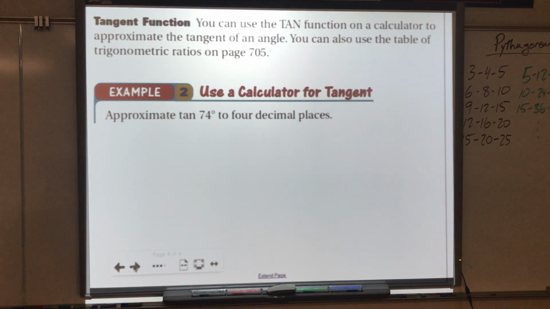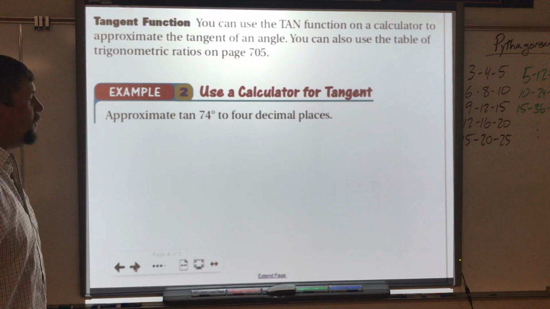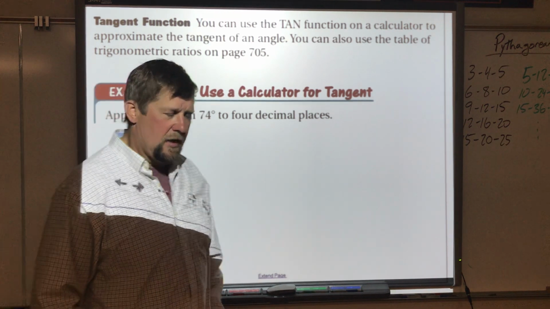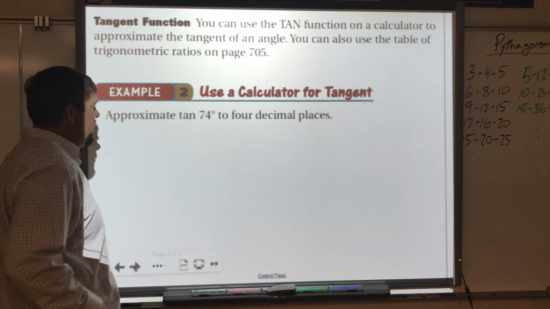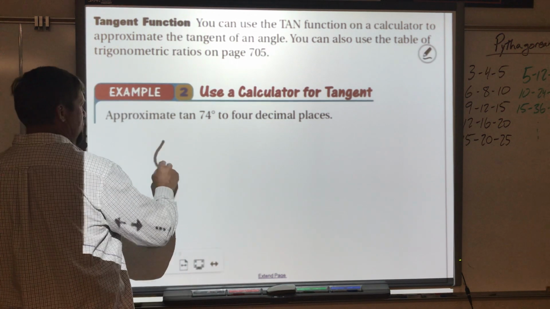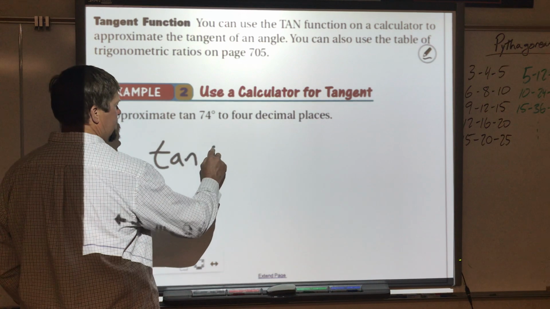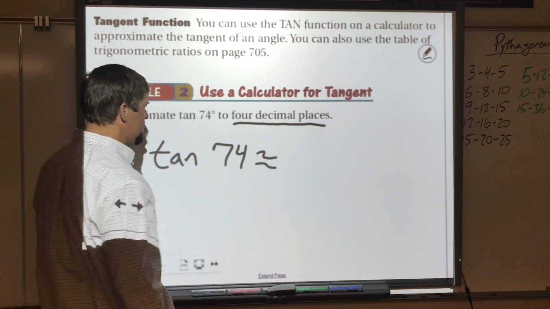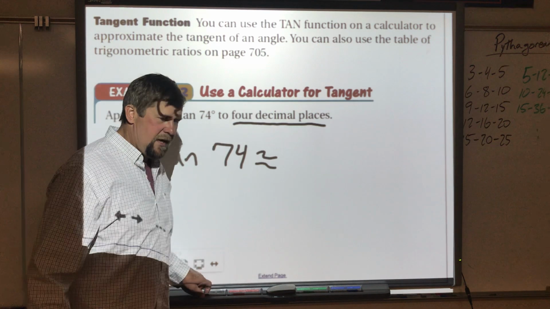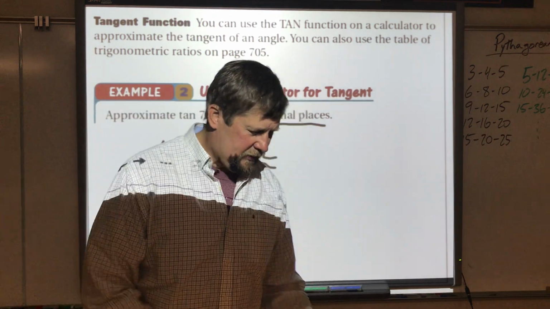You can use the tangent function on the calculator to approximate the tangent of an angle. You can also use the table. I would suggest you use the calculator if you have one, or you could find one online. If you wanted to find the approximate tangent of 74 to 4 decimal places, you would type it in on your calculator.